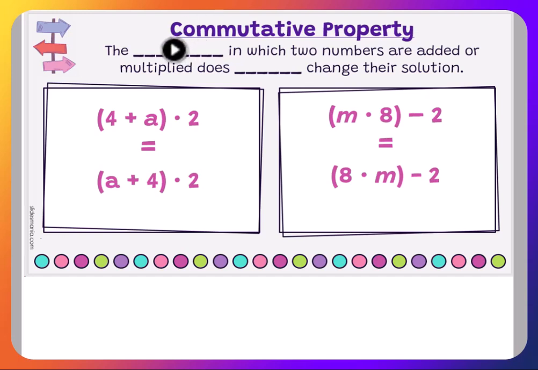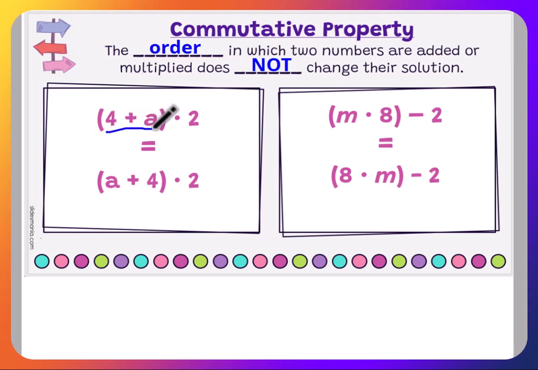And the commutative property says the order in which two numbers are added or multiplied does not change their solution. So you can take two numbers that you're adding or two numbers that you're multiplying, you can change their order and you're still going to get the same answer. So look right here.